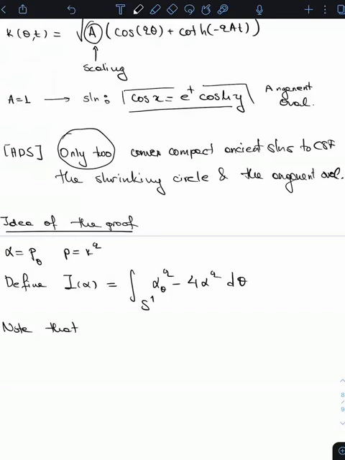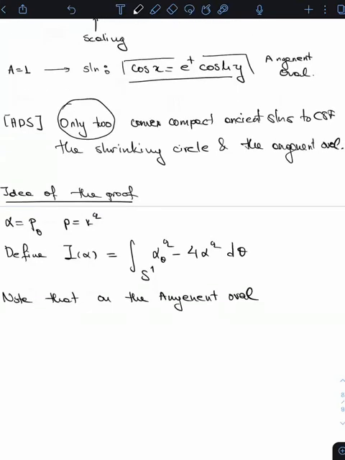This is chosen because on the angular oval, we have that p theta t is equal to 0. Not just on the angular oval, this is also true on the circle. This is what's the ansatz.